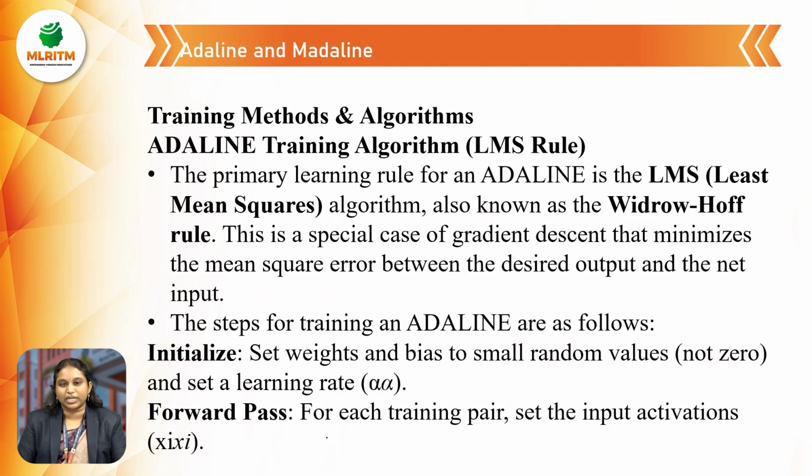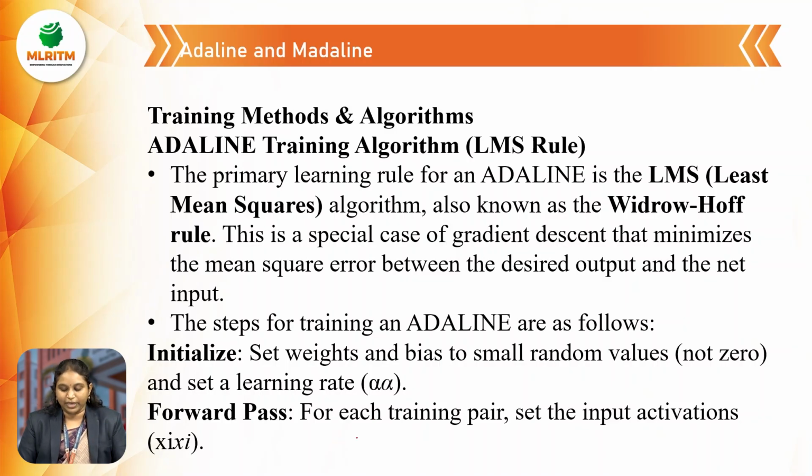The first step is initialize. How are we initializing? We set the weights and the biases to small random values, that is, non-zero values, and we also set a learning rate. Then the second step is the forward pass.